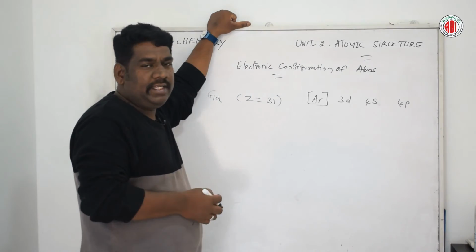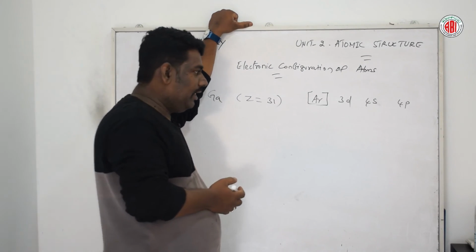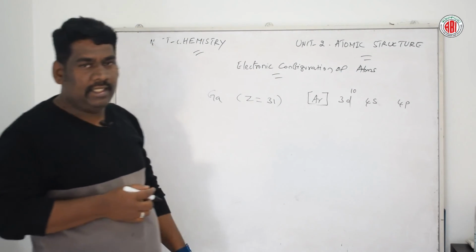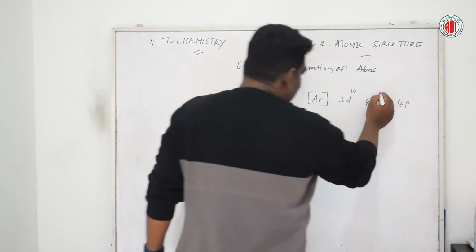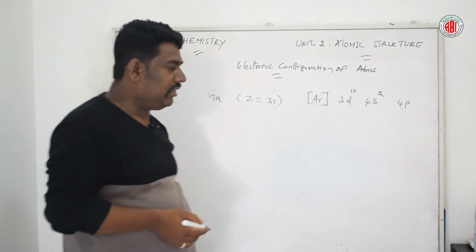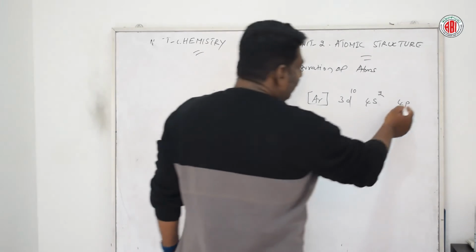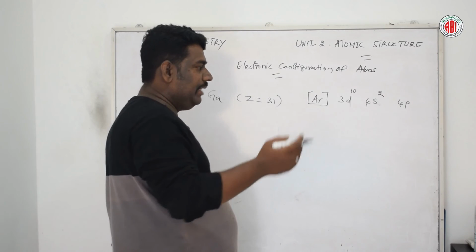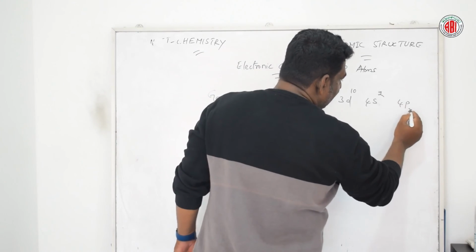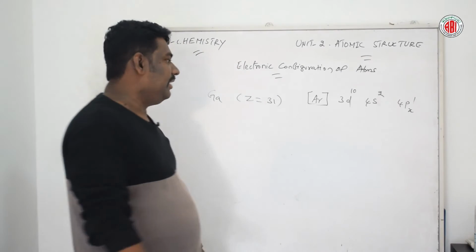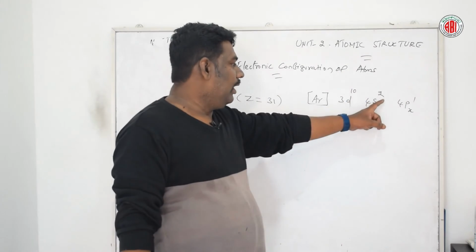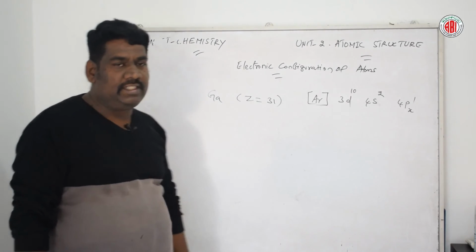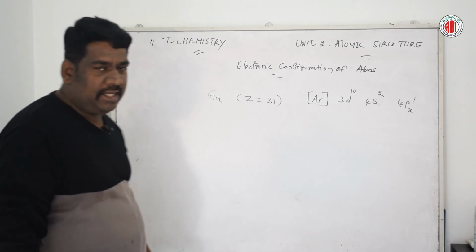In the d cells a maximum of 10 electrons can be accommodated, 3d10, and 4s2, 2 electrons easily can be accommodated in the s orbital. In the p orbital, again 3 subdivisions are there, px, py and pz. So 4px1, the left over electron, that is 10 plus 2, 12, 12 plus 1, 13. So 13 plus 18, that is equal to 31. That is gallium.